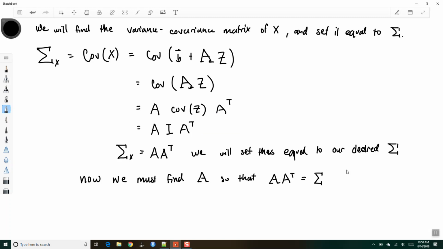Do you guys remember enough linear algebra to know what we're supposed to do here? So a hint, sigma is a positive definite matrix. I guess it could be positive semi-definite, but if you have a positive definite matrix, you have the Cholesky decomposition. Maybe. Okay. Well, anyway.